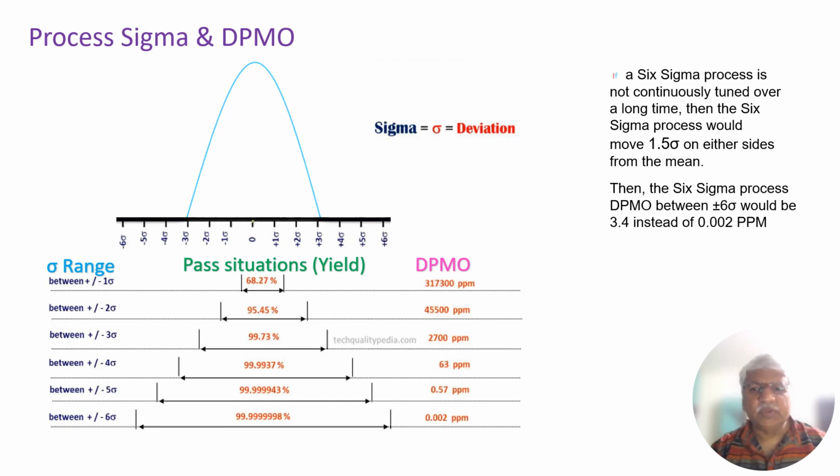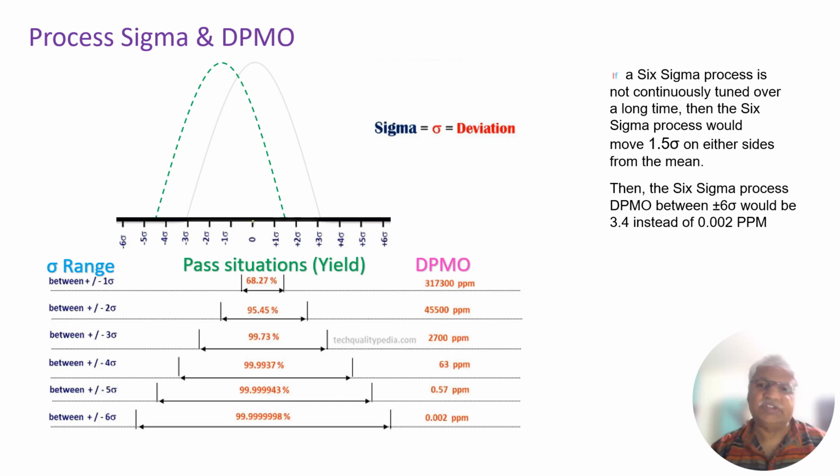Mean is at 0. Now if you consider the other situation, because of the drift, it is shifted by 1.5 sigma to the right. It can also drift to the left, because the process is not stable.